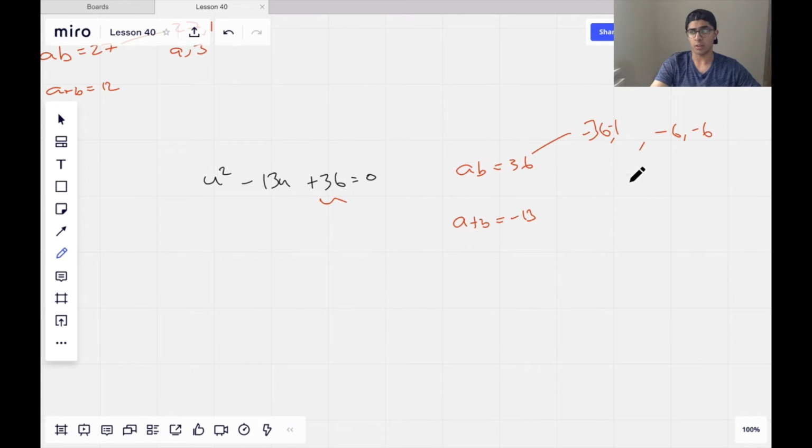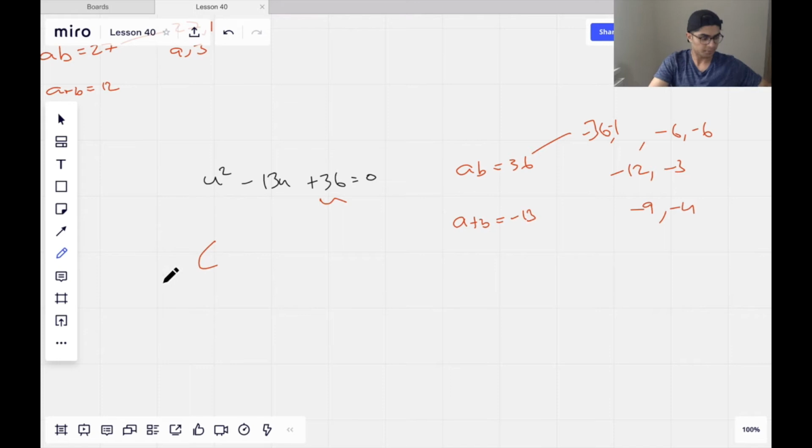Okay, let's try minus 12 and minus 3, that adds to minus 15. Minus 9 and minus 4, and there we go, that's what we need.